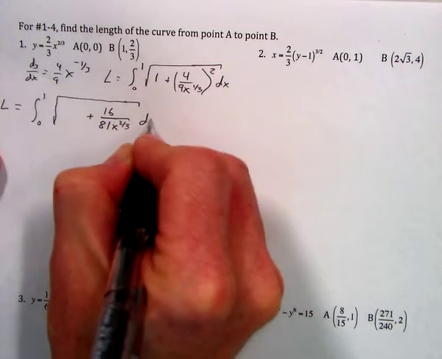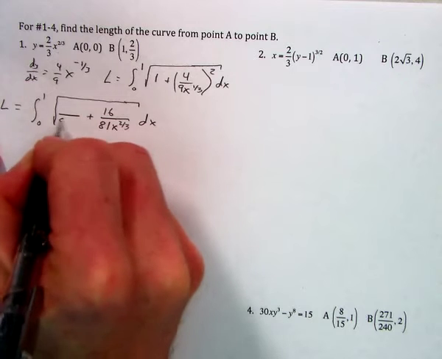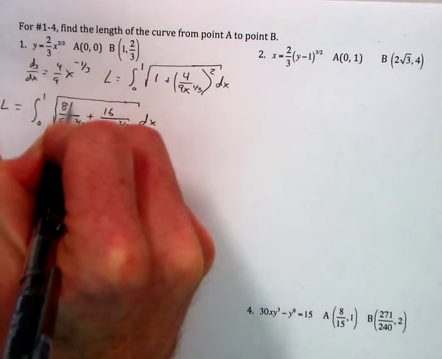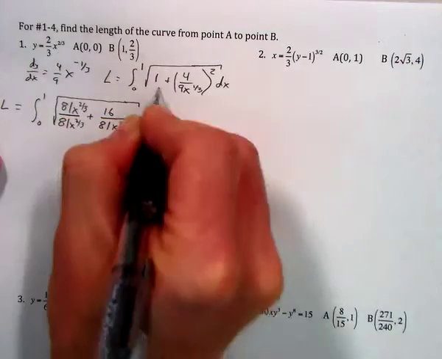So I'm going to get a common denominator. I'll have 81x to the 2/3 on both the top and the bottom, since this has to be the same as 1.